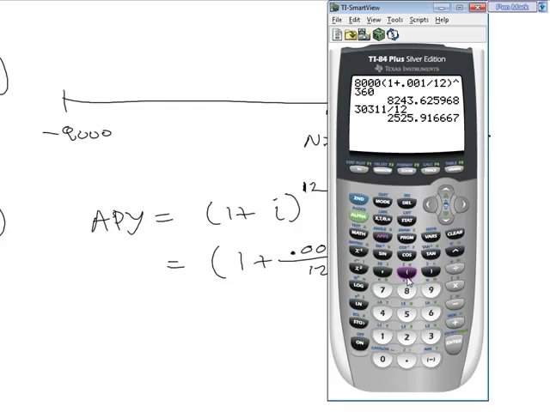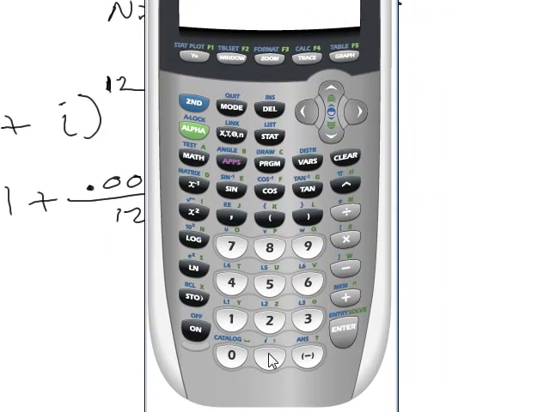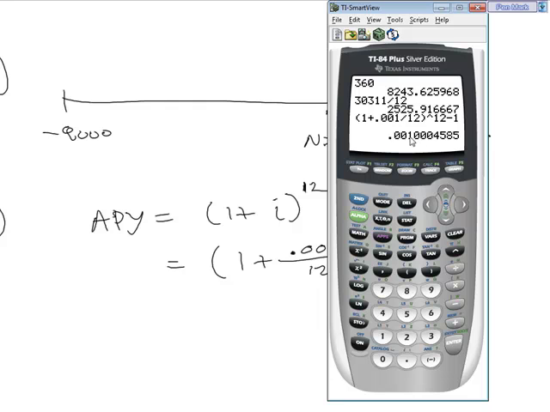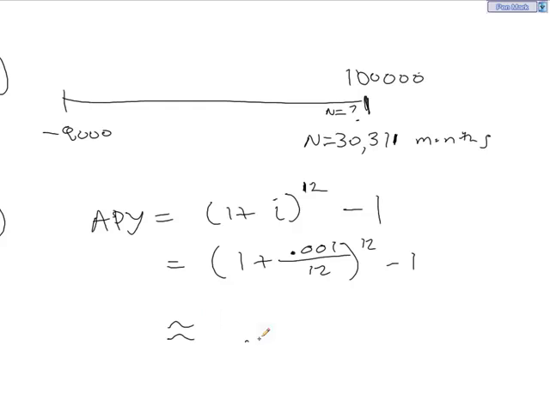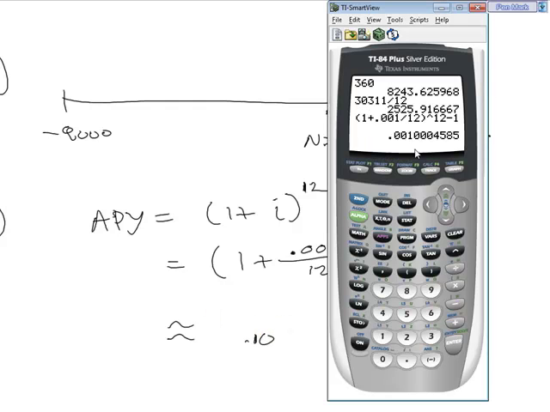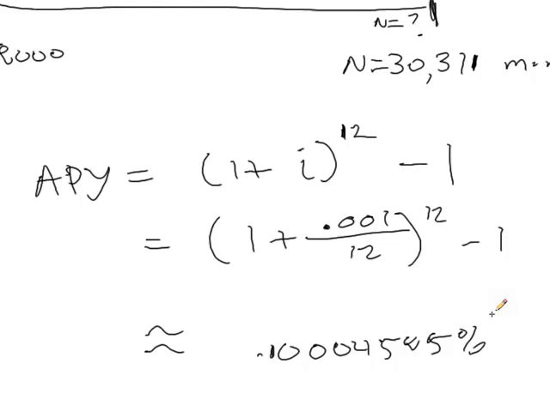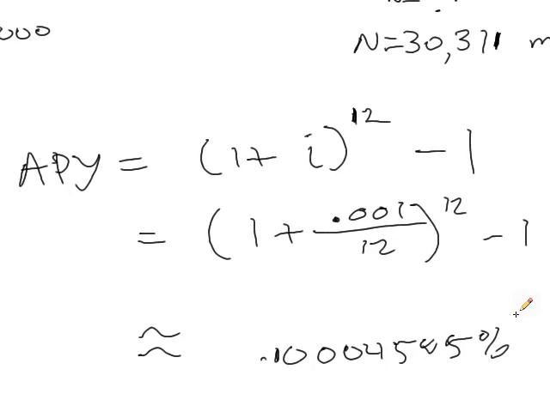And we will type that in. 1 plus 0.001 divided by 12, and raised to the 12th power, subtract away 1. So we actually notice that the APY is not that much bigger than the APR. It is a little bit because technically this is 0.10004585%, and that's technically bigger than 0.1%. So we do get a little bit of a bigger yield, but it's pretty insignificant.